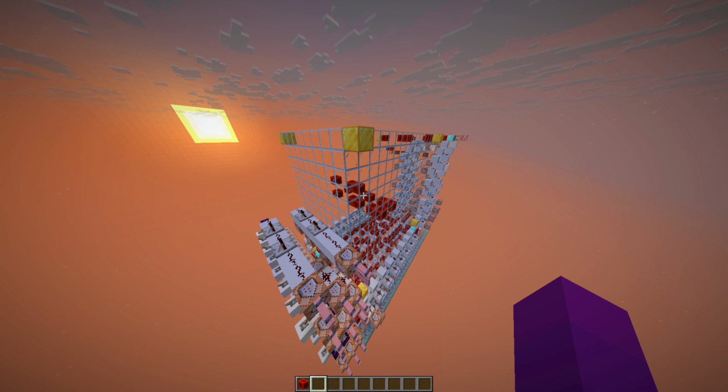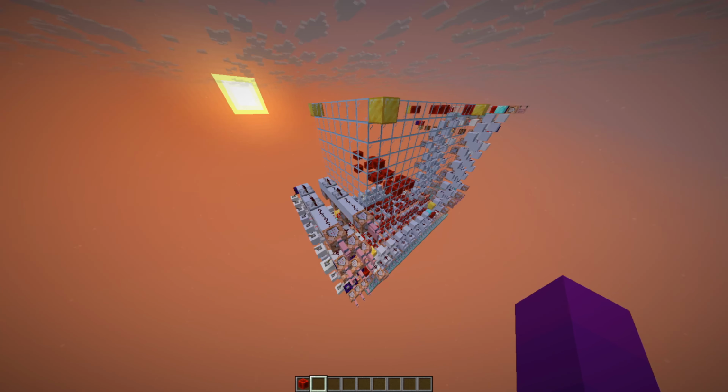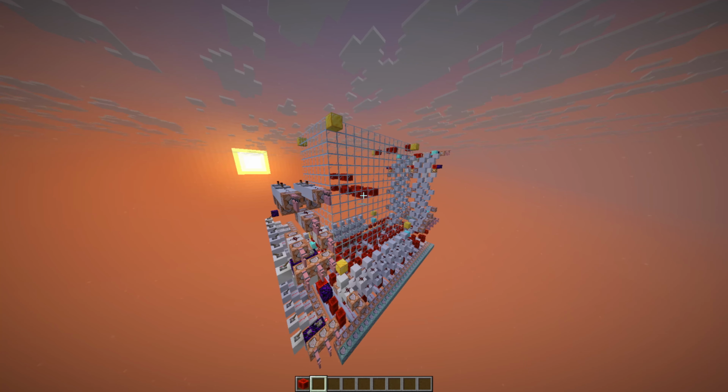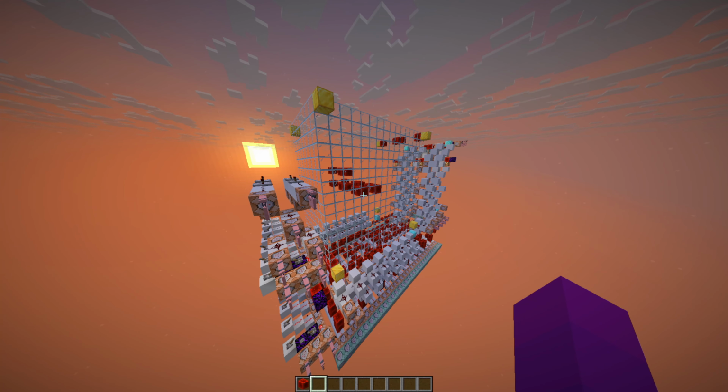So instead of 256 bytes, this would be 4,096 just in this small space. With this same exact unit here, if you're storing jukebox music discs, so you're storing hexadecimal, you would store 4,096 bytes, which would be 4 kilobytes.